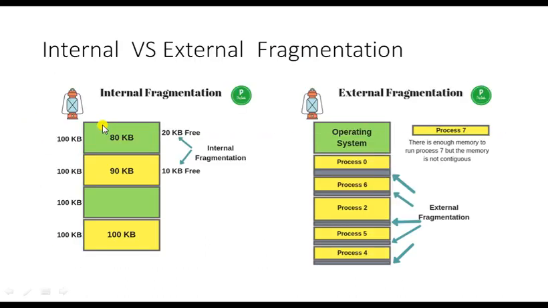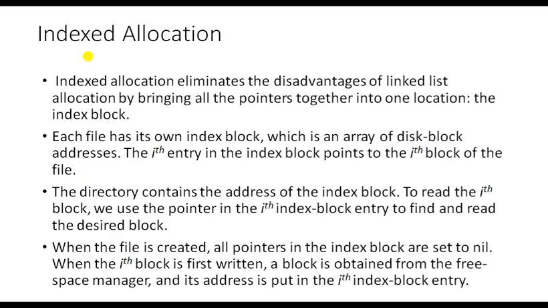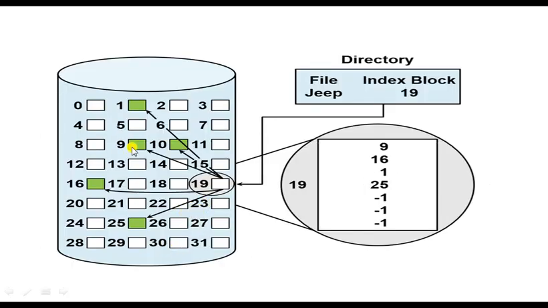And the next allocation scheme is called indexed allocation. By using indexes, you can allocate the memory and access the memory. See, this is the hard disk representation, and these are the blocks available from 0 to 31. For a file named GIF, the operating system generates one directory entry with the file name and index block.